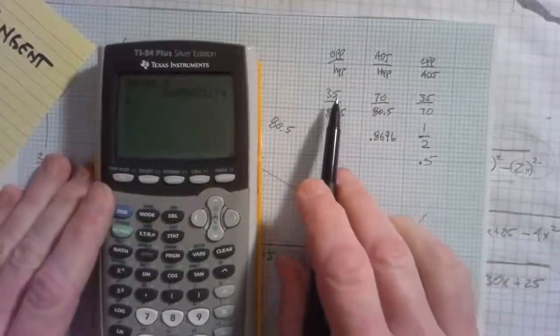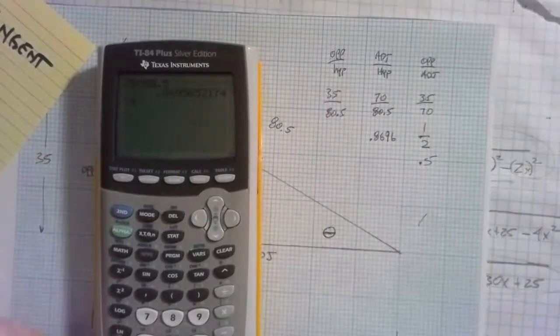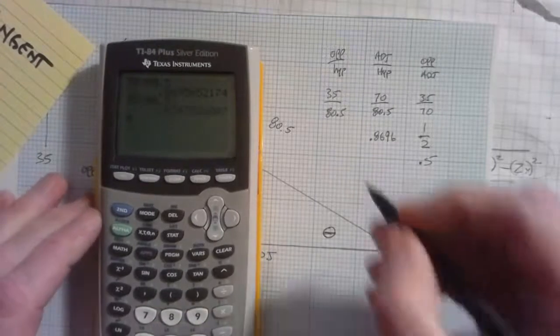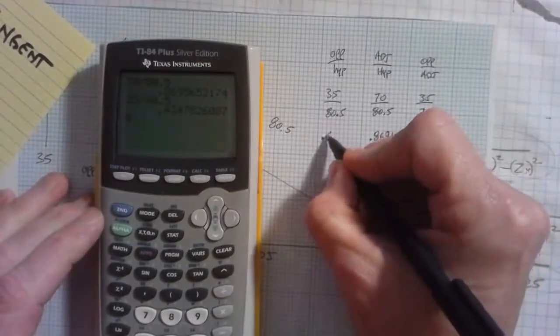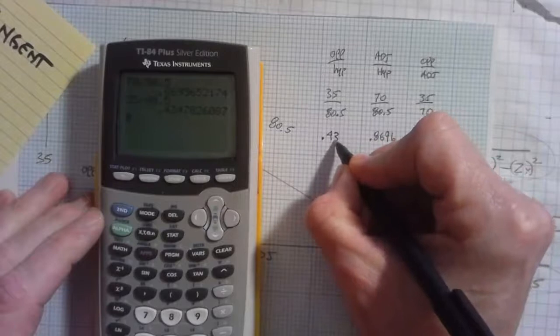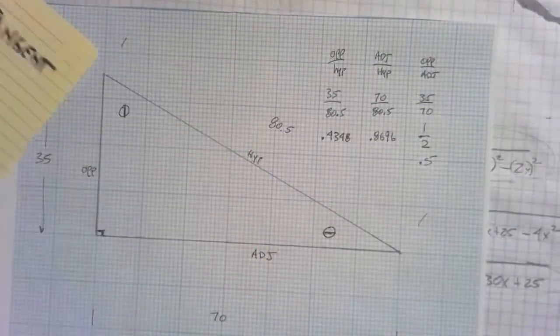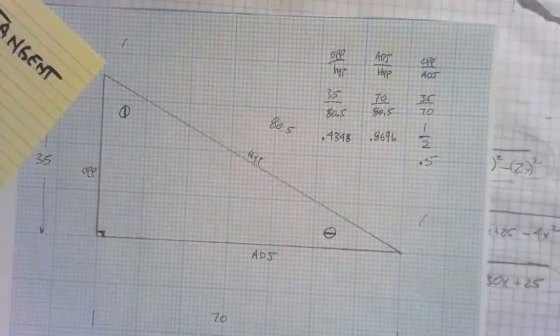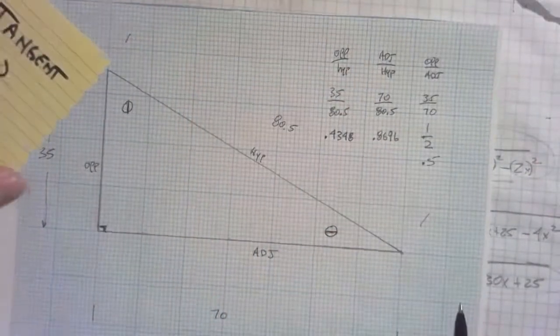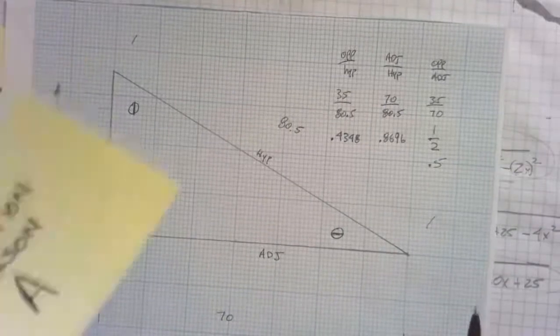And if I do the opposite over the hypotenuse, 35 divided by 80.5, I get 0.4348, rounded to 4 places. All right, big deal. Whatever. So far, a pointless conversation, I understand. Here's the interesting part.